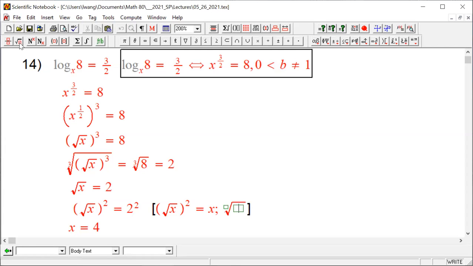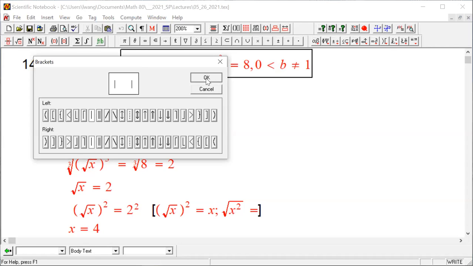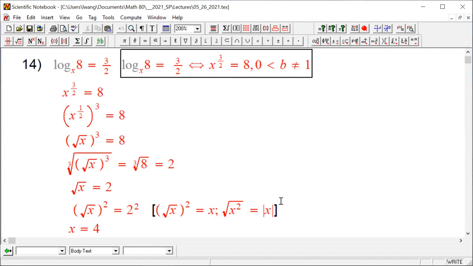But x squared inside, the square is outside the root and the square is inside the root. Are they the same? The answer is no. They're not the same for even number roots. Okay, so instead of having you memorize these, I'm going to explain a little bit more about this.